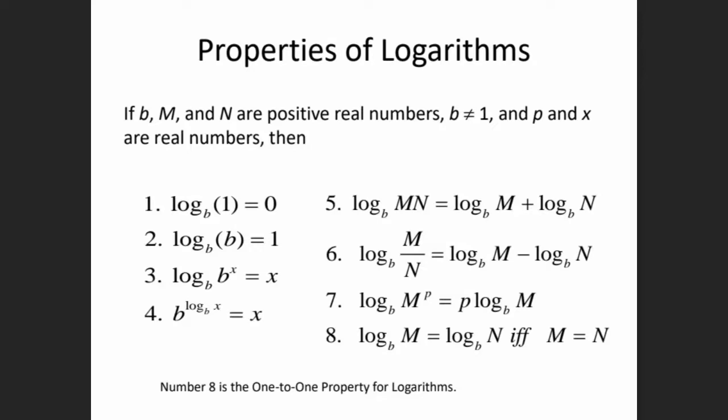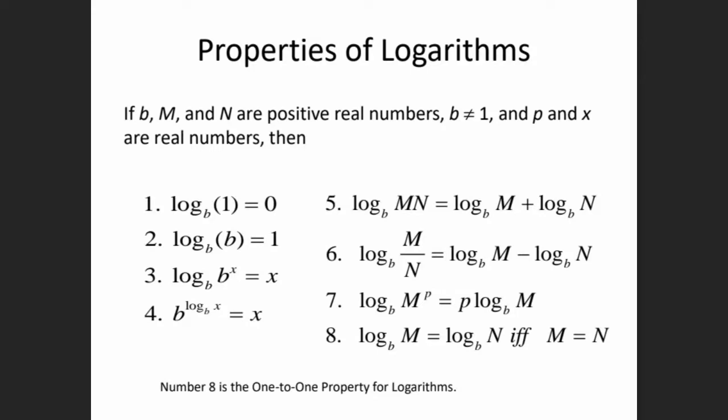When I have a log of a base and I have two values that are being multiplied within that log, I can expand them to two logs of the same base. I would add the values: the log of base b of m plus the log of base b of n. If I have a product, I will add logs.